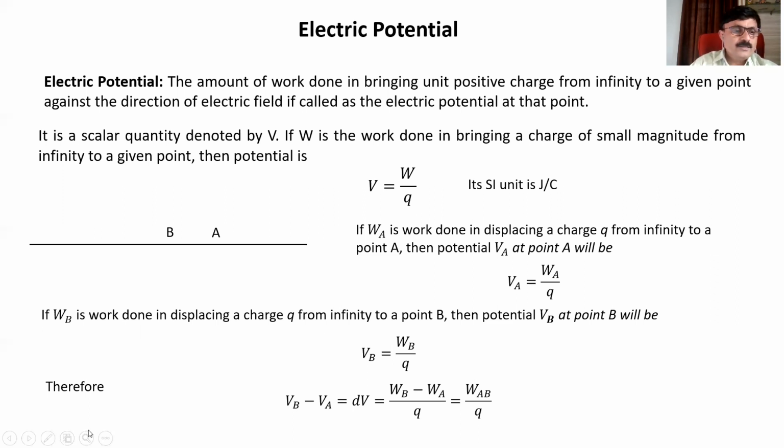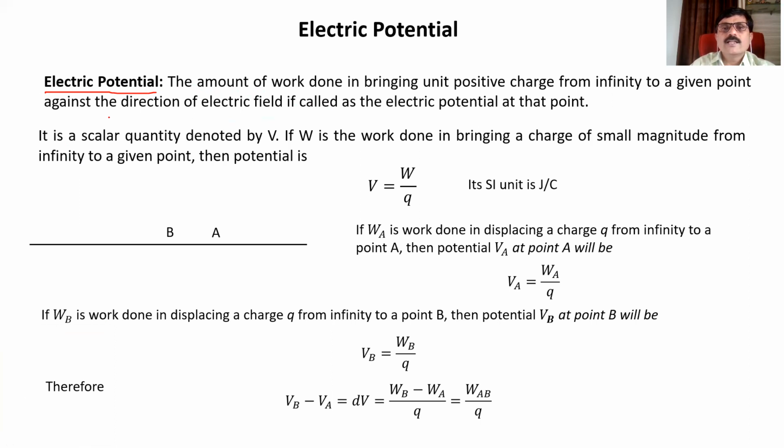So the electric potential is defined in a simple way as the amount of work done in bringing the unit positive charge from infinity to a given point against the direction of the electric field.